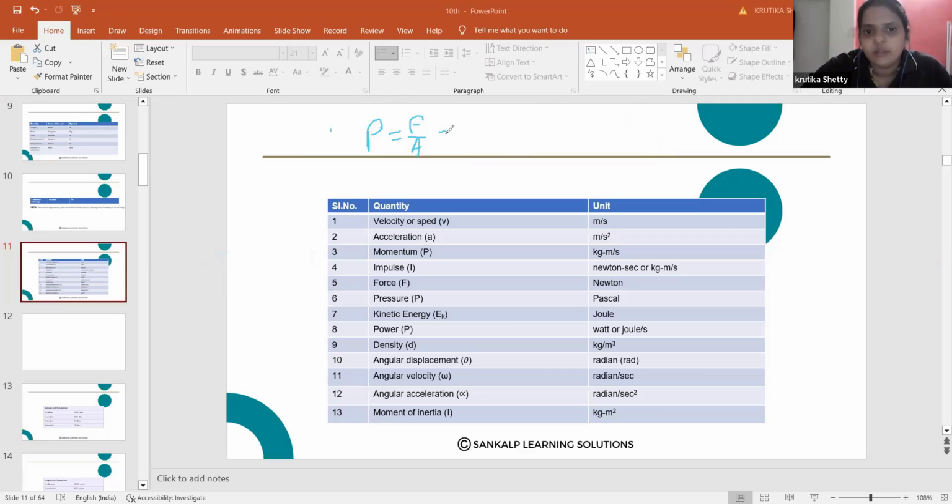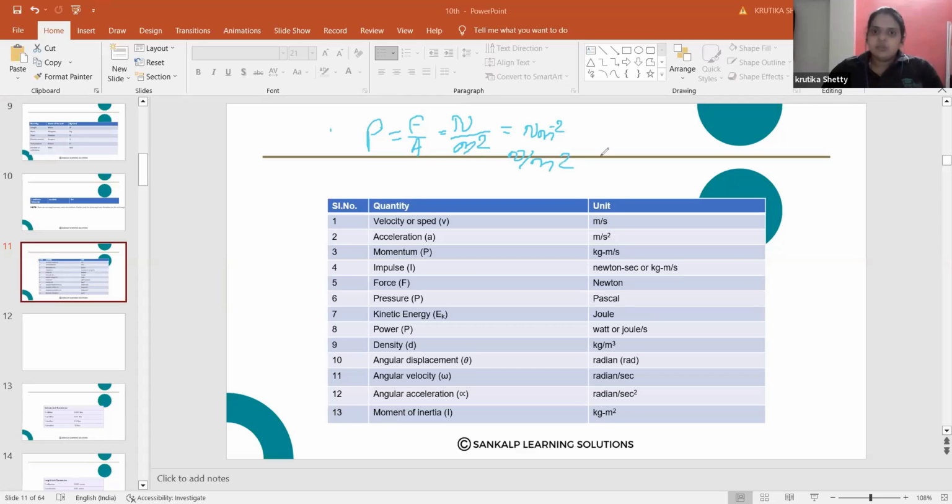This is the formula. Force is expressed in terms of Newton. The force is also expressed in terms of kg meter per second square. Area is expressed in terms of meter square. While writing, what do we write? Newton per meter square, or it is expressed as N/m raised to 2, Newton per meter square.